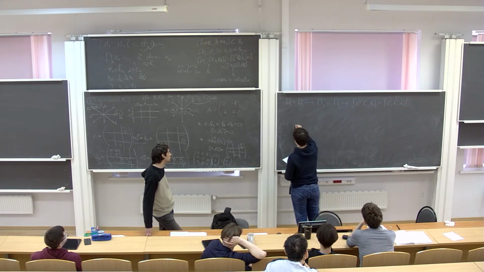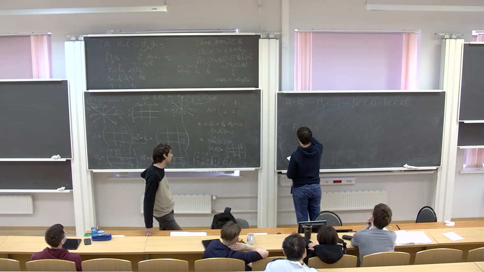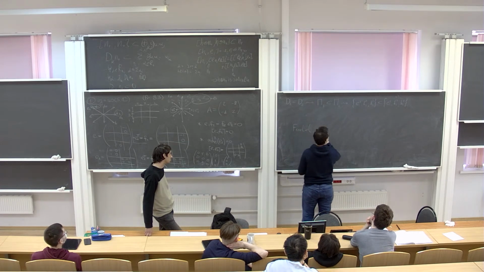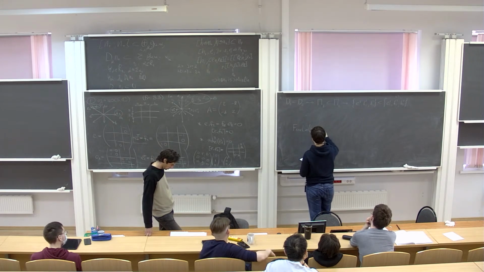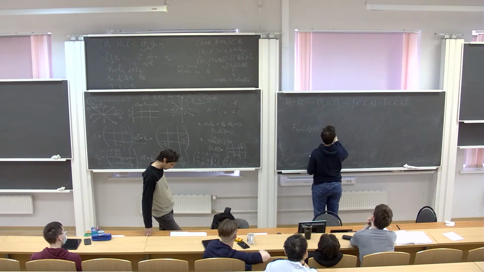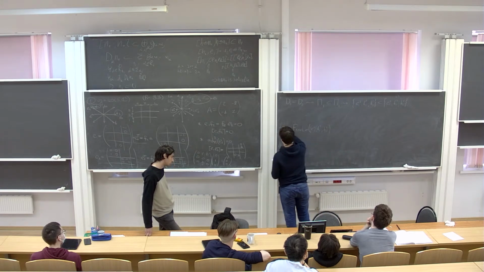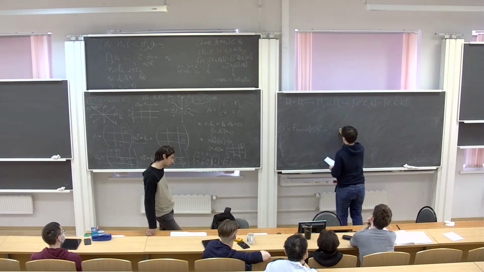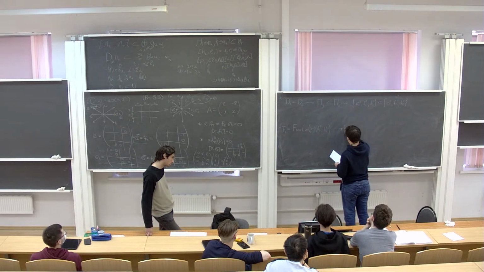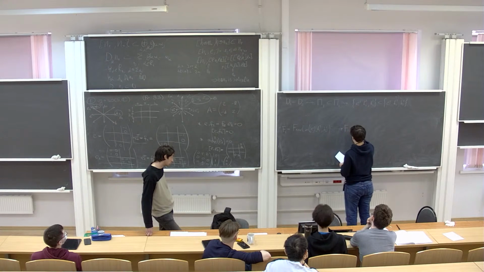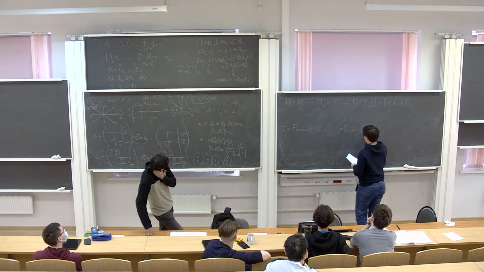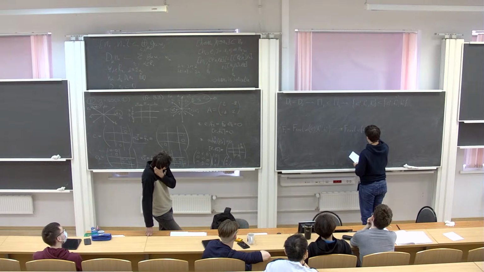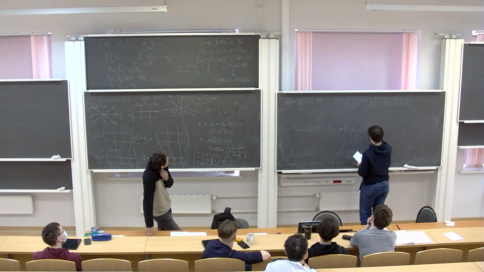So we have a free Lie algebra of E_{I1}, F_{I1}, H_{I1}, which is F1. We have a free Lie algebra of E_{I2}, F_{I2}, H_{I2}, which is F2.